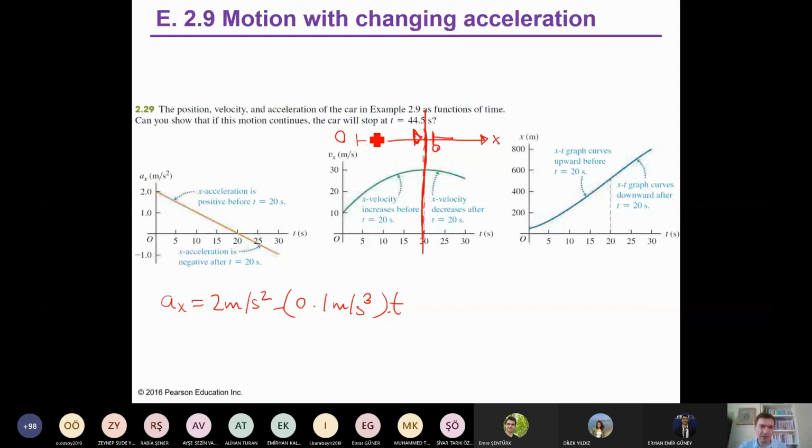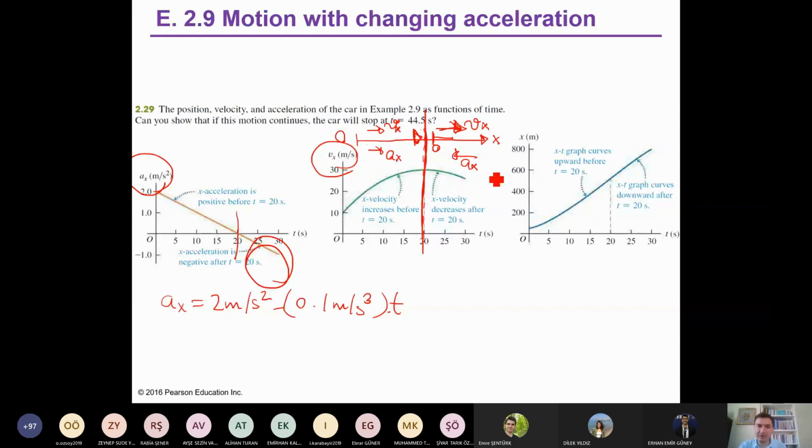Before 20 seconds, both acceleration and velocity are positive, and the car, Sally, is speeding up. After 20 seconds, the velocity is still positive, but acceleration is negative, so acceleration is in the opposite direction. Then the velocity of Sally will decrease. So Sally will slow down.